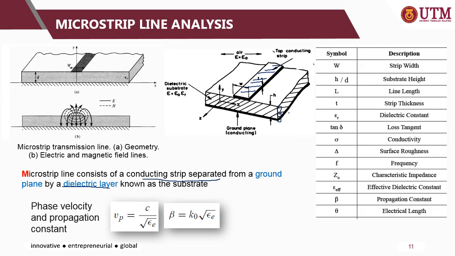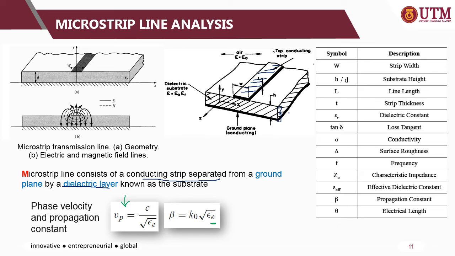Alright, again the same parameters are used in the analysis. The phase velocity can be calculated by this one, and the beta uses the same equation, k naught square root of epsilon effective. But for strip line just now, it's k naught square root of epsilon r.